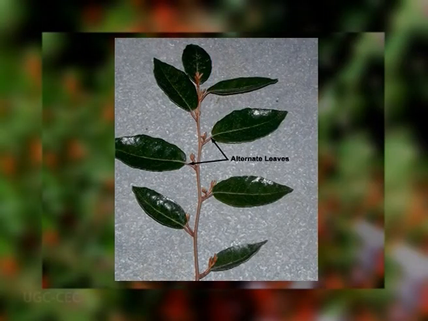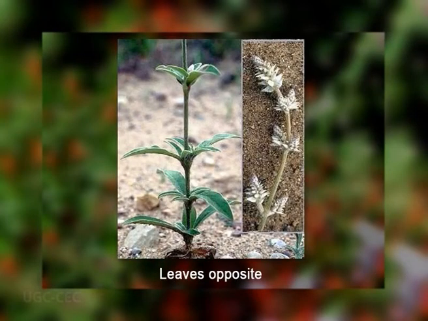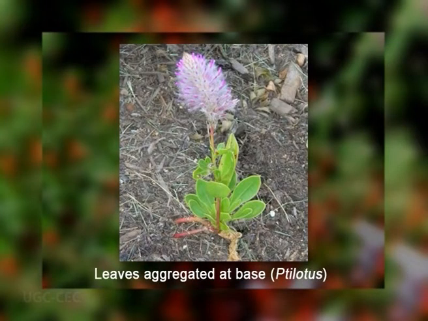The leaves in Amaranthaceae are usually alternate, but they show a spiral arrangement, or rarely we see opposite arrangement of leaves also in Amaranthaceae. Sometimes these leaves are aggregated at the base of the plant body. Example is Tidestromia.